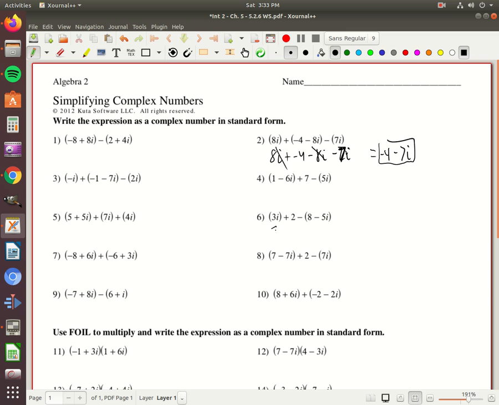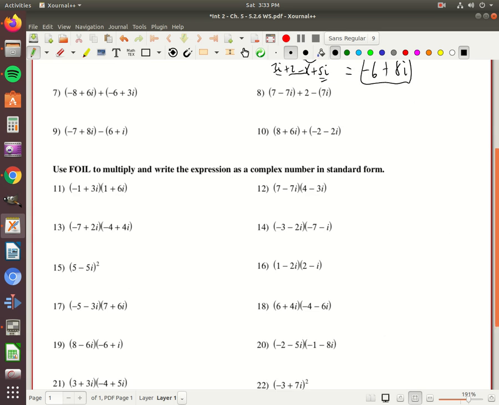Sometimes we need to distribute. So 3i plus 2 minus 8 plus 5i. Be real careful when we're adding versus multiplying. There's going to be a difference. By the way, you should do the real part first. So 2 minus 8 is negative 6. 3i plus 5i is going to be 8i.